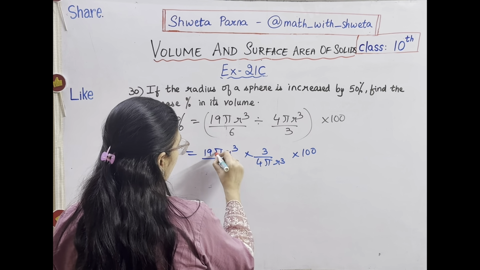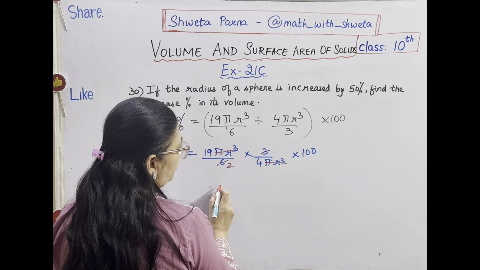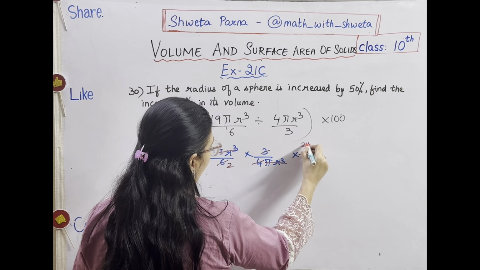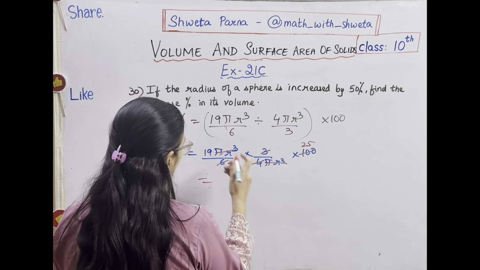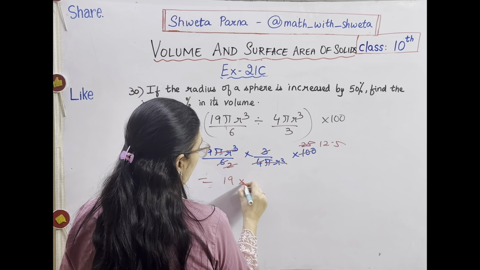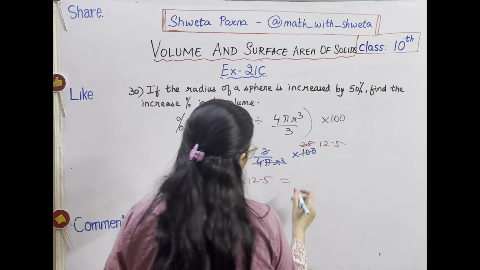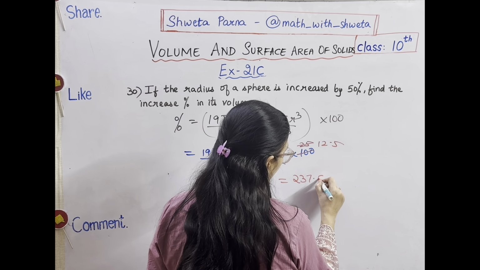Pi r cube gets cancelled. 3 2s are 6, 4 25s are 100. So, it is 19 into 25 upon 2. Twelve point five. So, 19 into 12.5, the percentage, which is 237.5%.